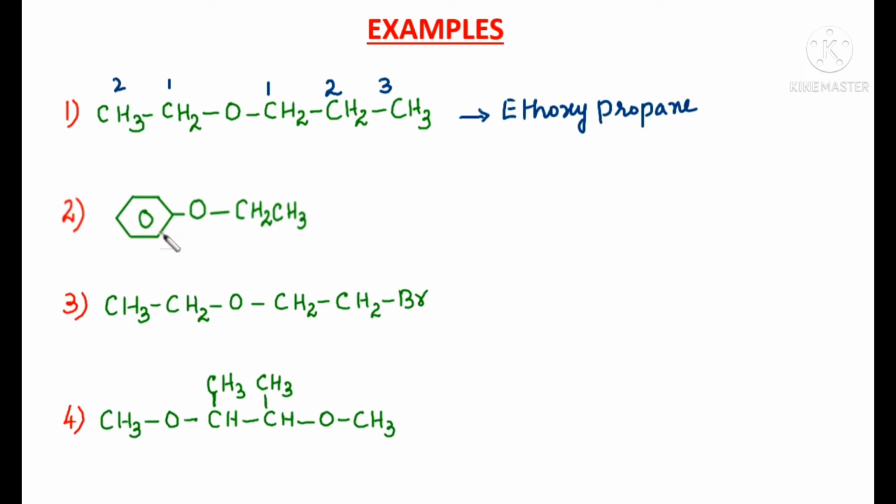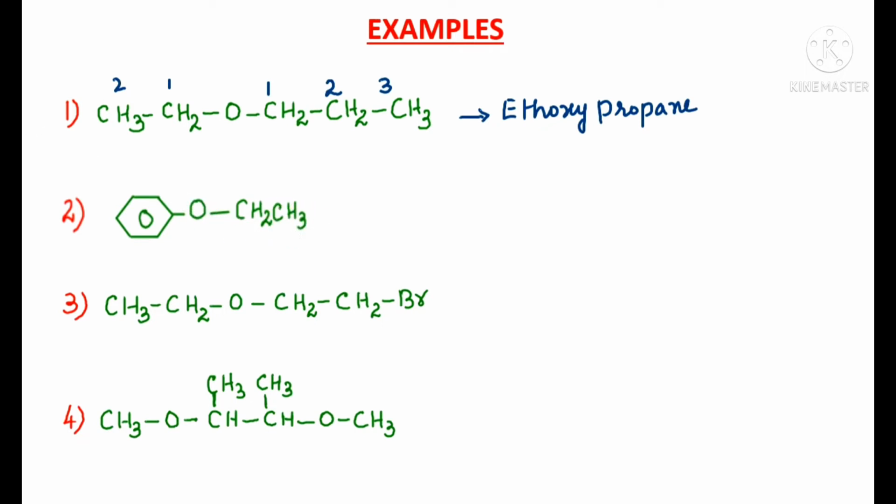See the next one. This is a phenyl ring and oxygen group. Oxygen is here and this is an ethyl, CH2 CH3. So this is the compound, and which is the smaller group here? Ethyl group is the smaller. And this is an aryl ring, right? So this ethereal oxygen will come along with this smaller alkyl group.